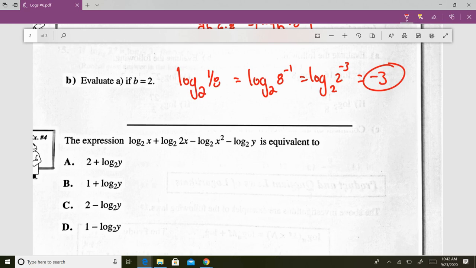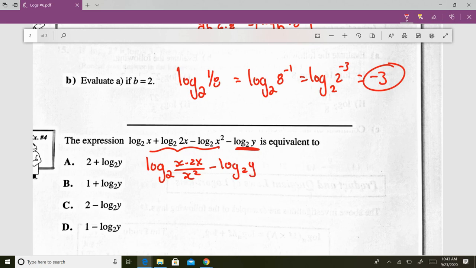All right. Log base 2 of x plus log base 2 of 2x plus the, okay. We're going to combine all these. So everything with an x, we're going to combine, because these are our choices here. I don't know why they did this. So we're going to leave this one by himself because it's a y. So if we're adding, we are multiplying. If we're subtracting, we are dividing. x times 2x over x squared.